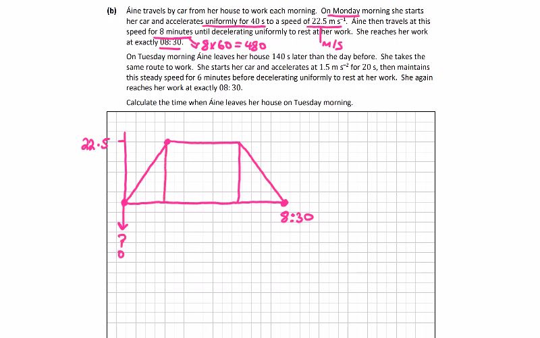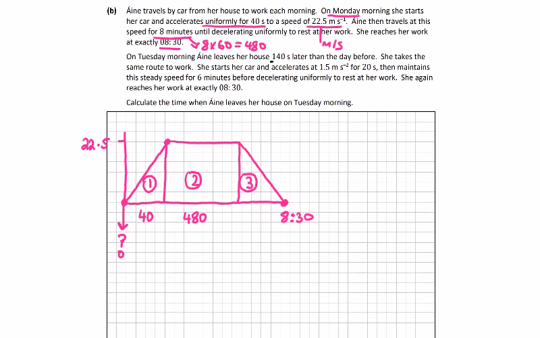We know this time interval is 40 seconds, and we know that the middle time interval is 480. So we can work out maybe the distances traveled for this. Let's do the diagram for the second part of the question as well.